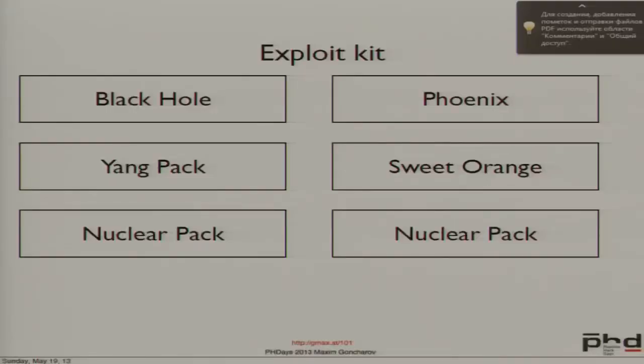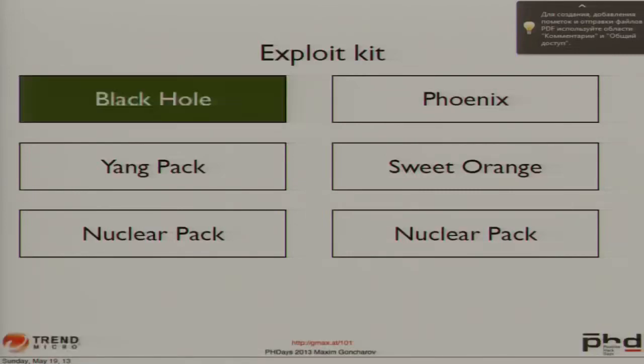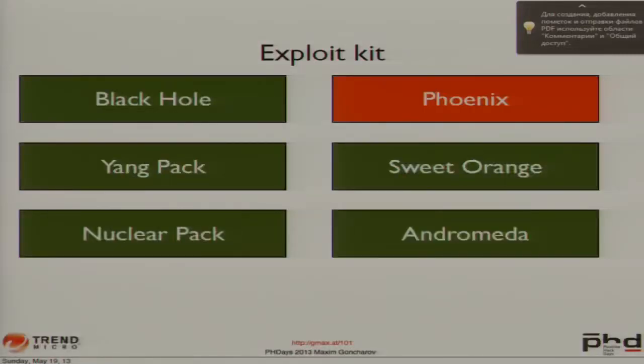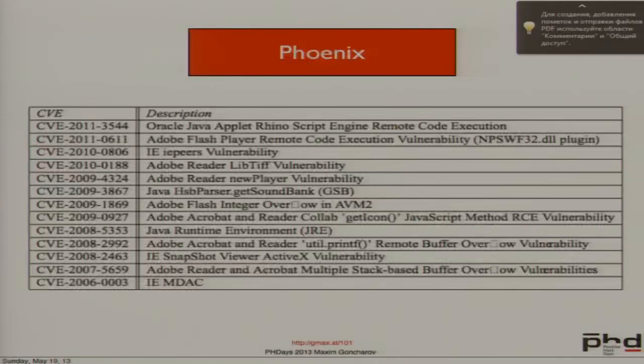In the previous presentation, we saw a mention of prices, and the guy suggested I talk about prices. Okay, there are various exploit kits. Let's talk Phoenix. This is one of the most commonly used exploit kits. Of course, there will definitely be somebody who will say that this isn't true.